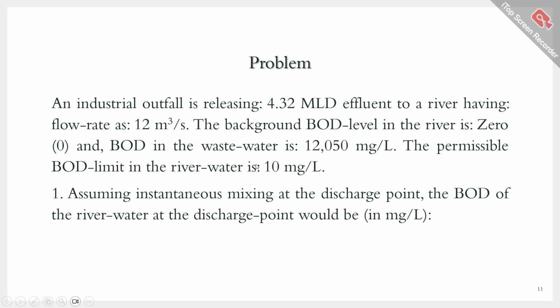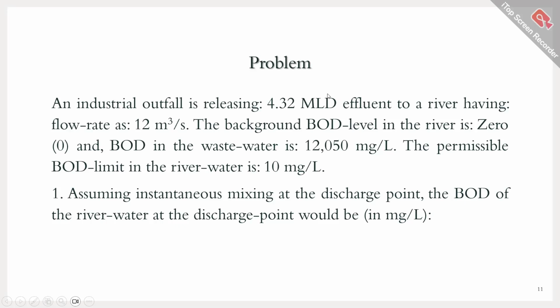Now permissible BOD limit is given as 10 milligram per liter. You have to calculate the BOD of the river water at the discharge point. So after the mixing, assuming instantaneous mixing, what is the BOD post mixing that you have to calculate in milligram per liter? So this BOD limit of the river water, which is given as 10 milligram per liter, will not be utilized for solving the first problem.